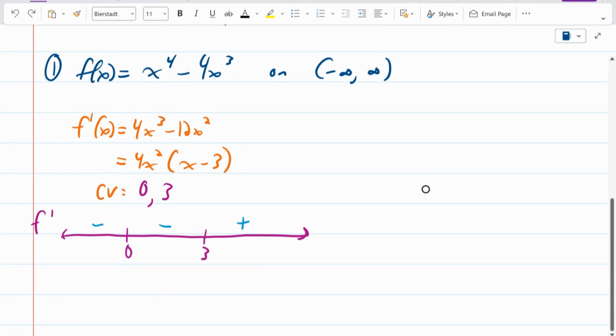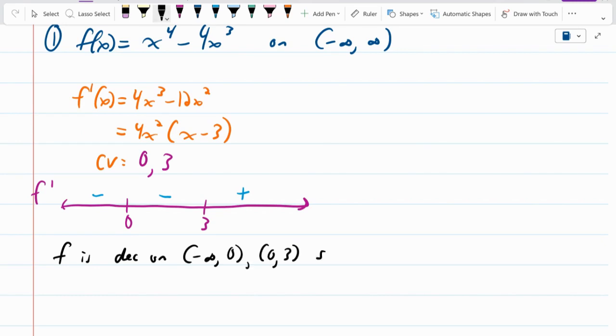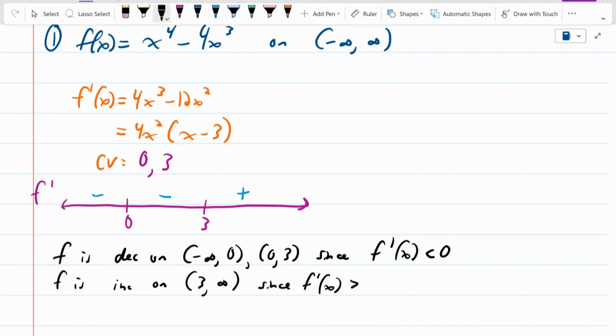So what does this tell us about the graph? We know that f is now decreasing on negative infinity to 0 and 0 to 3, since f prime of x is less than 0. And we know that f is increasing on 3 to infinity, since f prime of x is greater than 0. Now what about at 0?